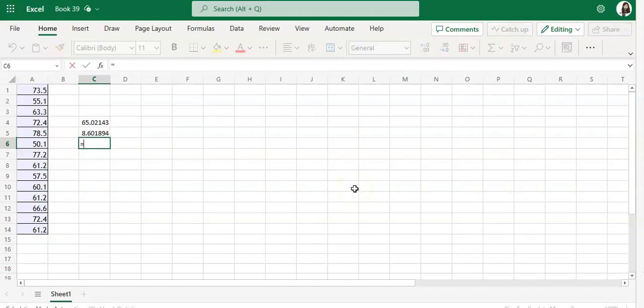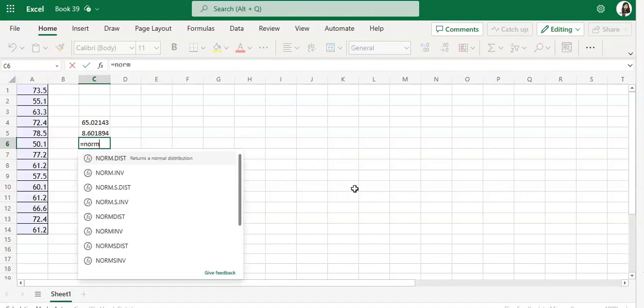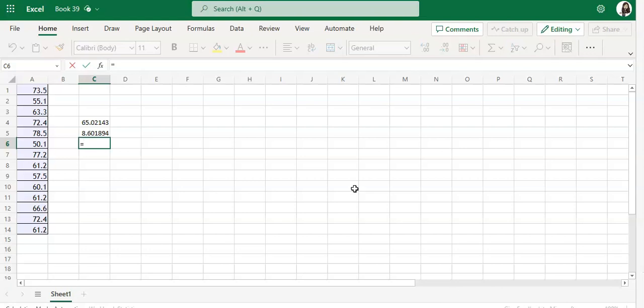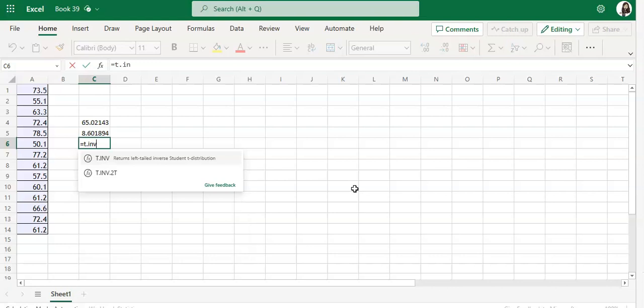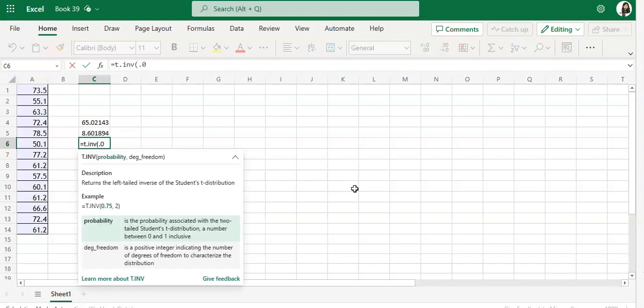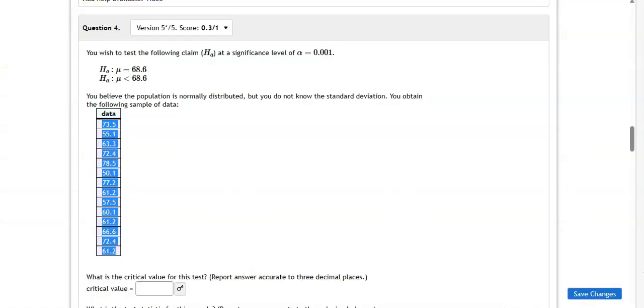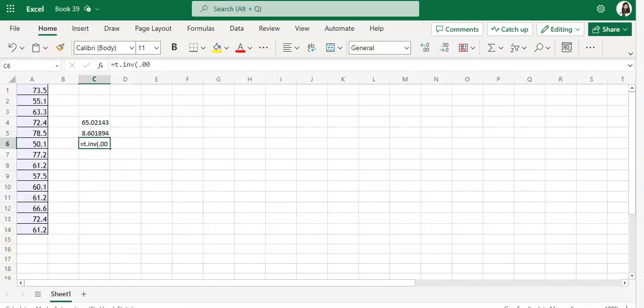Okay. So equal, we're going to do norm dot. Now here's where I need to be careful. This is a small sample. So we need to use our t distribution. So t dot inv, 0.001.